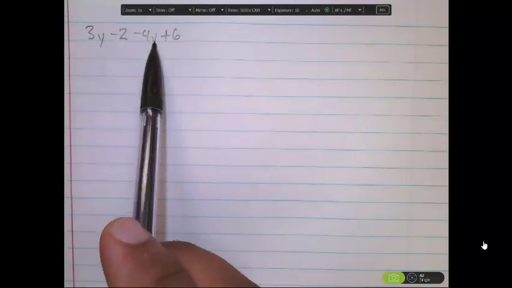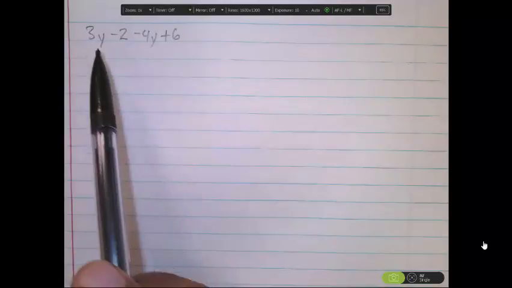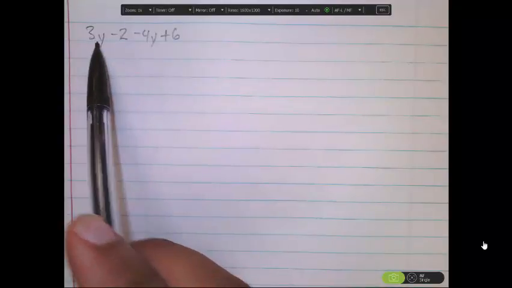If you notice, both 3 and -4 are connected to y. And we talked about like terms having the same variable and being raised to the same exponent. There are no exponents there, but we know that the same variable is here. So we know that 3y and -4y are indeed like terms.